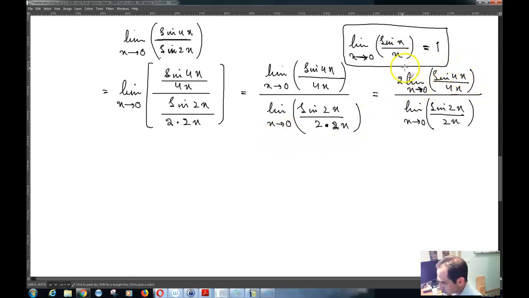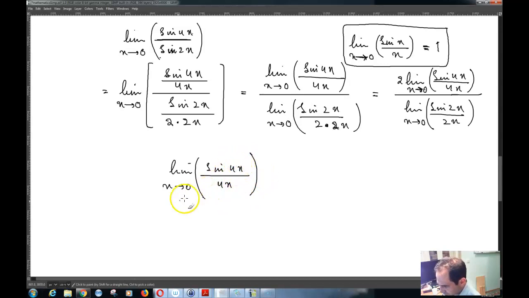So when things get a little bit confusing like this, and you want to decide what you need to do, what you can do is write this part as the limit of sine 4x over 4x as x tends to 0. We want to calculate this limit.